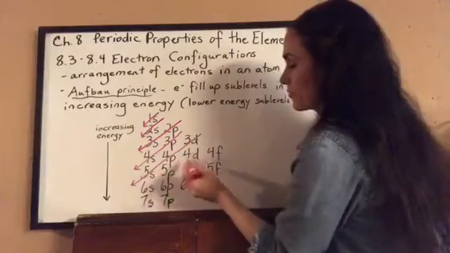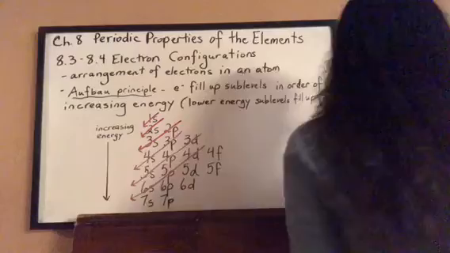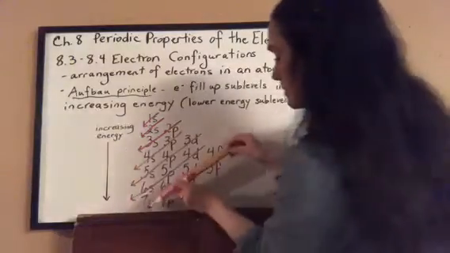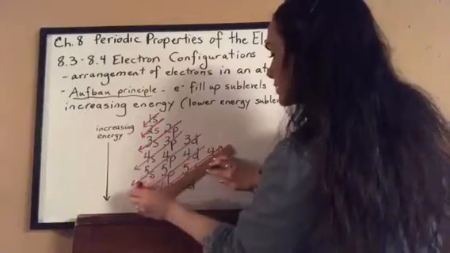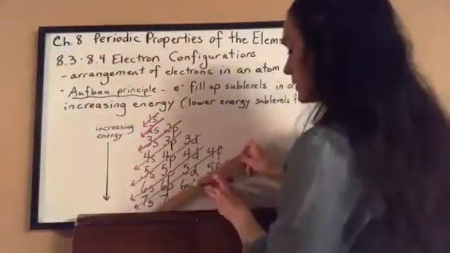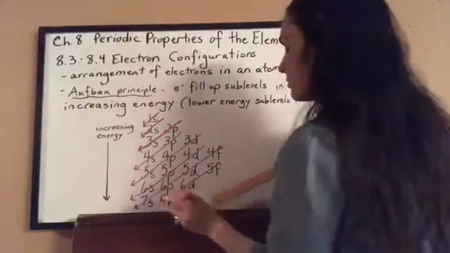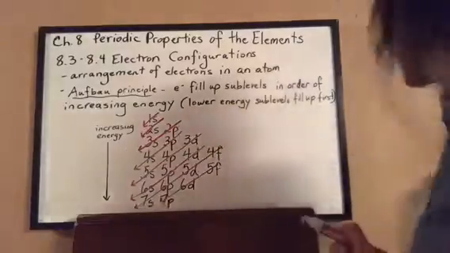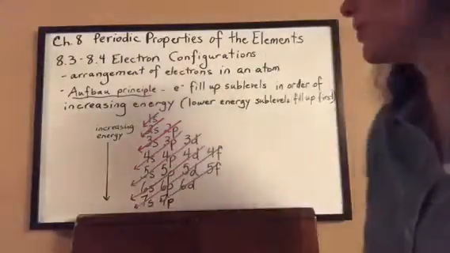After 5s, 4d fills up, 5p, 6s. Continuing on, 4f, 5d, 6p, 7s. And then if that atom is large enough, 5f, 6d, 7p, ending with the newly discovered or created elements that were named a few years ago.